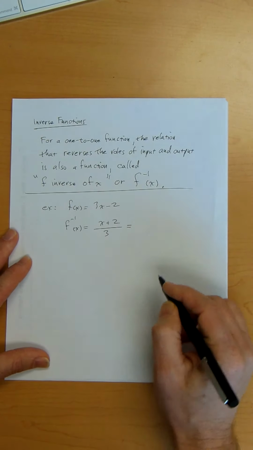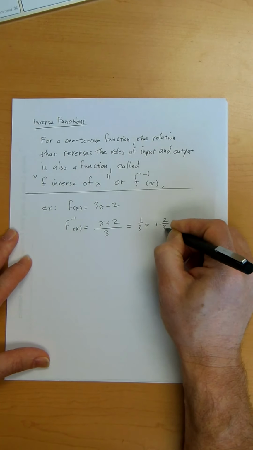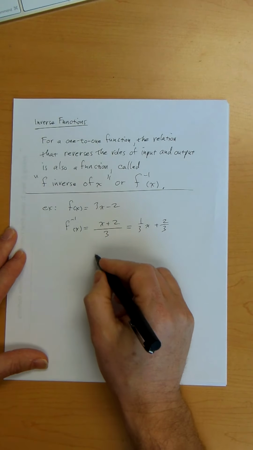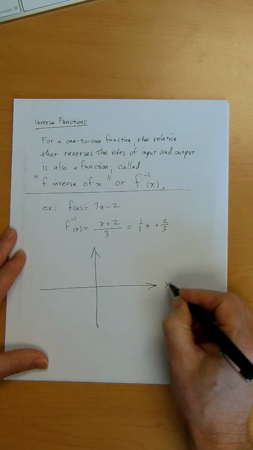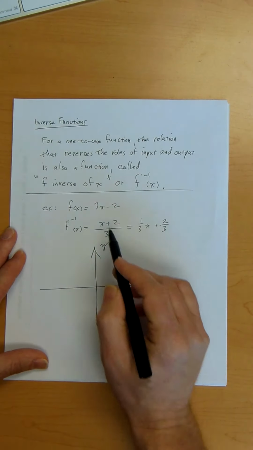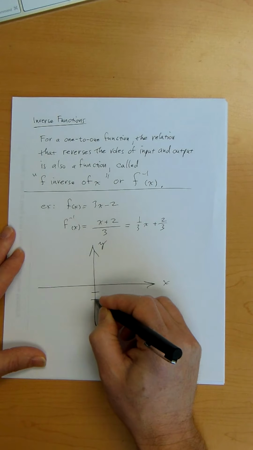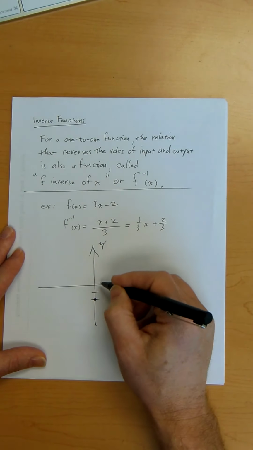This one could also be written as 1/3 x plus 2/3, making it kind of clear that this is also a line. And if I graph these two inverses, you're going to see an interesting relationship in the graphs. Let's see, 3x minus 2 is a line with a y-intercept of -2 and a slope of 3.